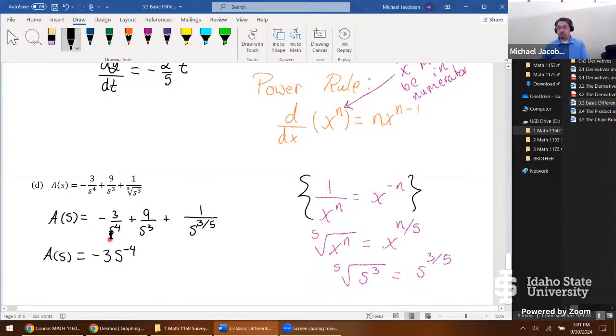So if S goes from denominator to numerator, like this, all we do is we change the sign of the exponent. Going down the line, this one will be +9, S power -3, plus S power of -3/5, coming from that last term.